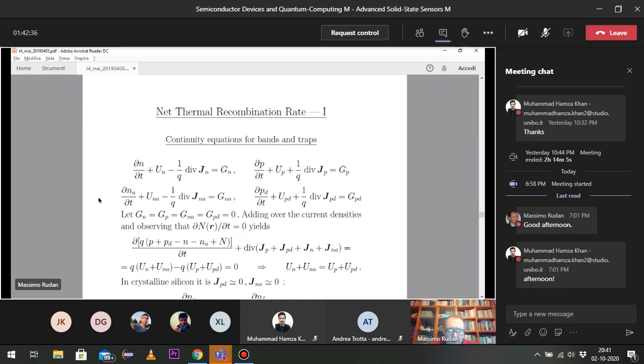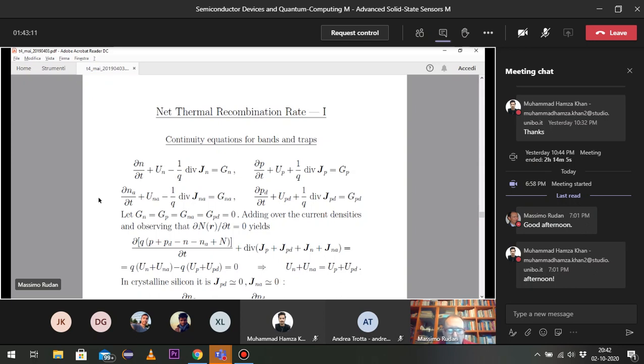All these calculations are used to determine the expression of the thermal recombination terms, okay? So we simplify the model by considering that there are no non-thermal events, okay? So we set all the G's to 0, okay?